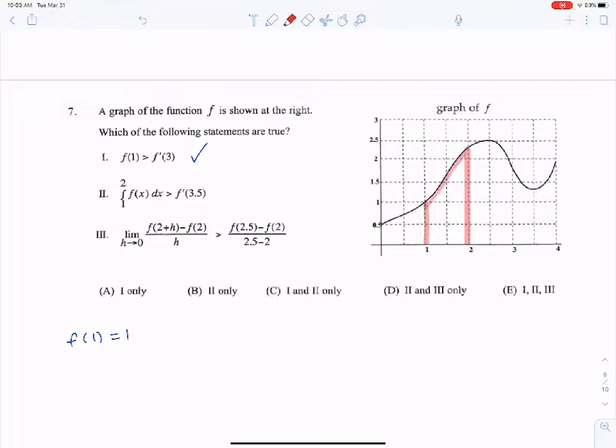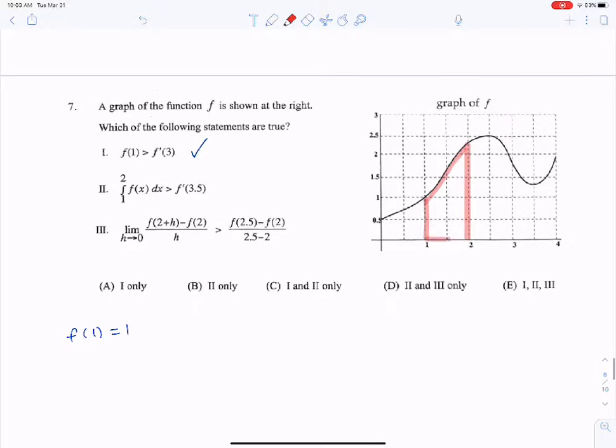Let me look at what f prime of 3.5 is, because this may be obvious, but maybe it's not. f prime of 3.5 looks like it's about 0. The slope of the tangent line is 0, while the area that I've highlighted is obviously some sort of positive number. So clearly, number 2 is also correct.